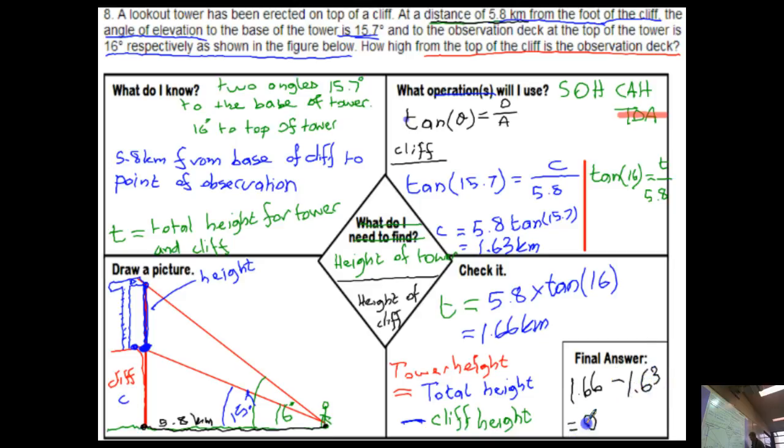So that gives you 0.03 kilometres, 30 metres, which is, Lloyd, 30 metres. Well done. You're right, 30 metres. 30-metre high tower. Okay? Excellent.